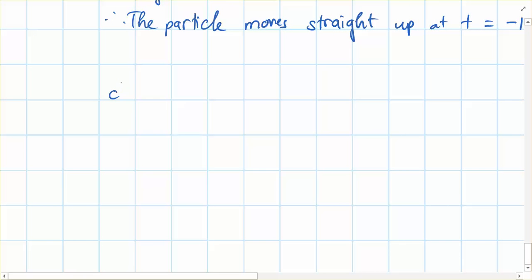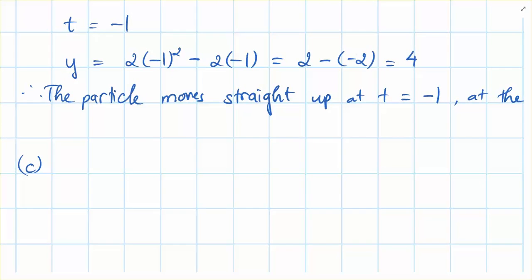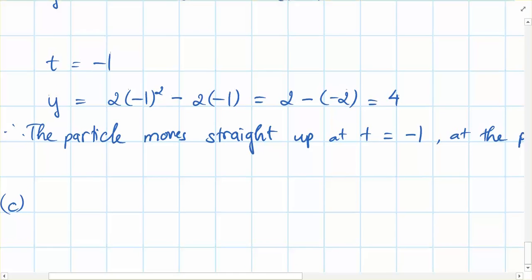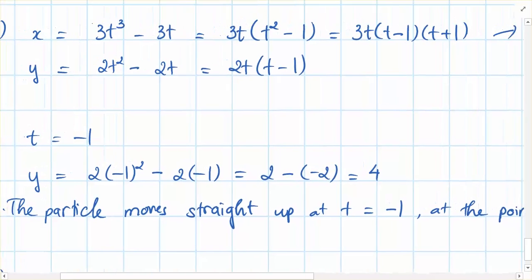C. Is the particle ever moving straight horizontally, right or left? If so, when and where? For the particle to move straight horizontally, y must be equal to 0.